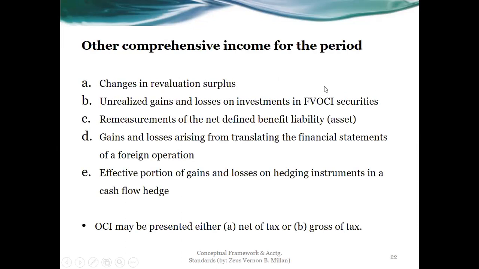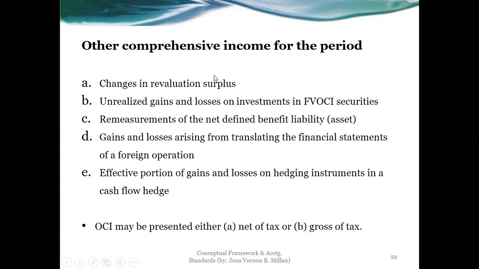Then, other comprehensive income for the period: these are the common ones which you will meet in the future. It is not necessary that we dissect these one by one, but just a short overview or one-sentence description. For letter A, changes in revaluation surplus. For property, plant, and equipment, if we are using the revaluation model, we use the fair value.